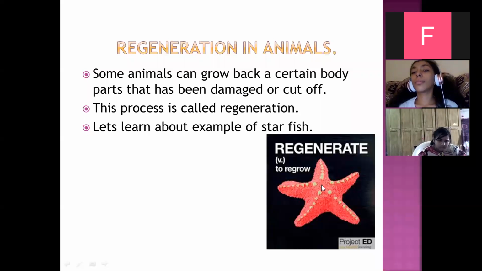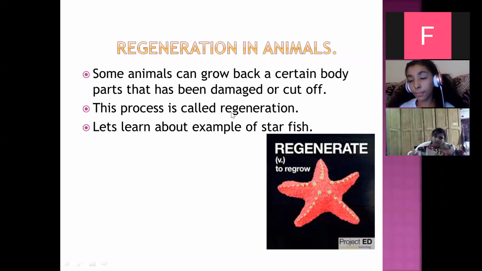Like this is the picture of a starfish. Once one of its arms is cut or damaged for some reason, this starfish can regrow or develop its lost arm again. This process is called regeneration.